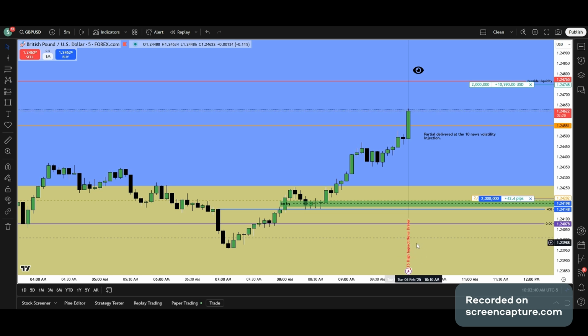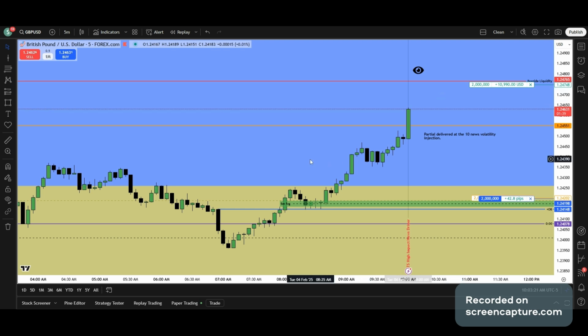We had JOLTS come out for the U.S. based news, and as soon as the news came out, this buy side liquidity level that I had marked as another partial, that news event just injected enough volatility to reach that buy side objective that I had outlined. And so now ultimately, I'm looking for price to get up here to this buy side liquidity level, which is this red horizontal line.